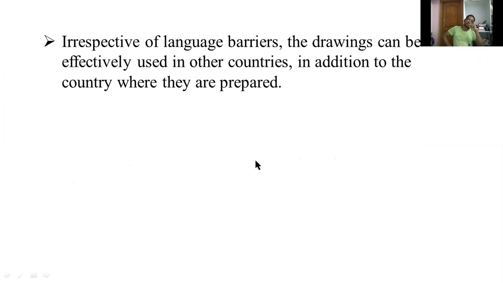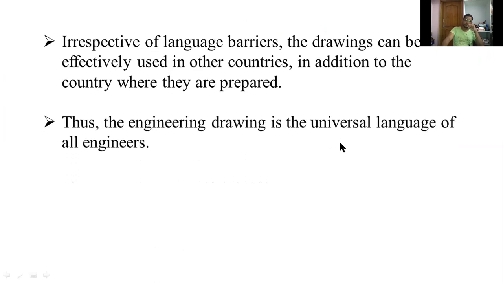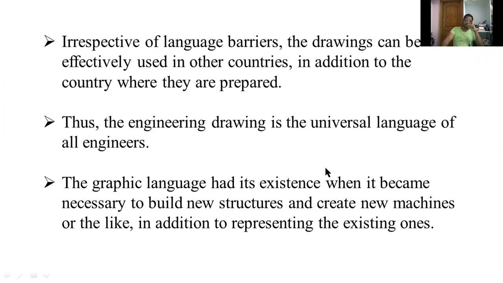Irrespective of language barriers, the drawings can be effectively used in other countries in addition to the country where they are prepared. Thus, engineering drawing is the universal language of all engineers. The graphic language had its existence when it became necessary to build new structures and create new machines, in addition to representing the existing ones.